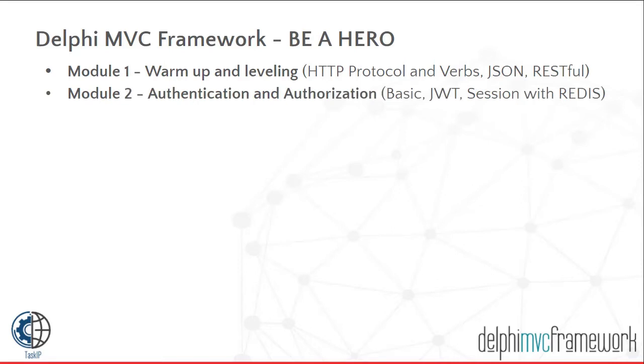And then on the second module, we will talk about authentication and authorization. We'll talk about what is authentication, what is authorization, what are the differences between them. We'll talk about basic authentication, JWT, session control using Redis.